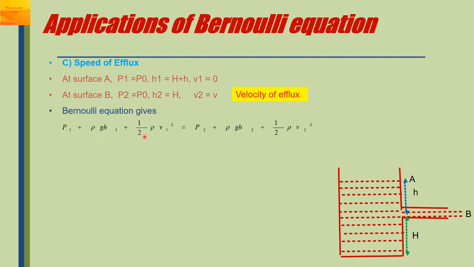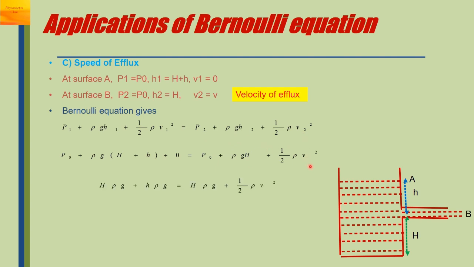P1 is substituted as P0, H1 as H plus h, V1 as 0, P2 as P0, H2 as h, and V2 as V.